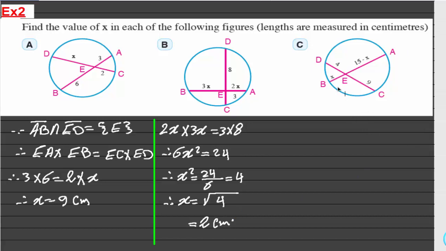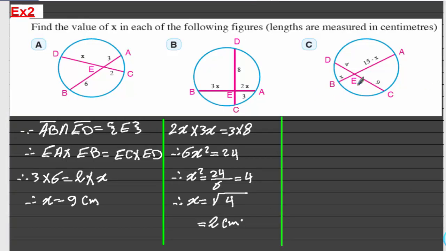And now go to the third figure, figure C. Also, we have AE multiply BE equals CE multiply DE.